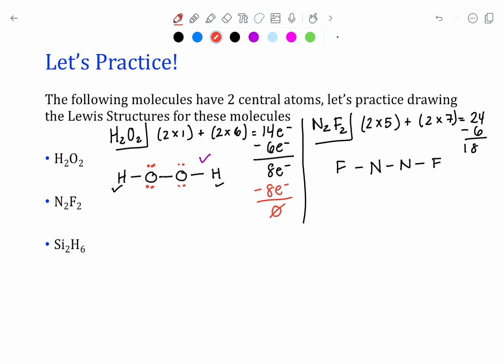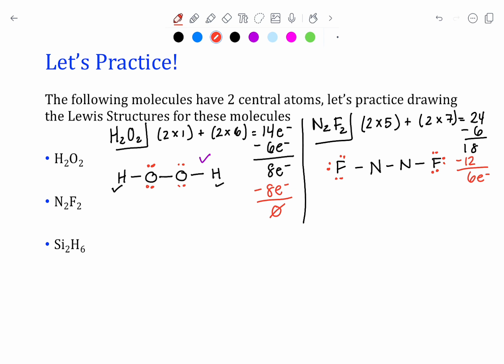My fluorines have incomplete octets here, so I need to use some of these electrons to complete their octets. So we're going to do 1, 2, 3, 4, 5, 6, 7, 8, 9, 10, 11, 12. I used 12 electrons to complete their octets, so I'm left with 6 electrons left over.